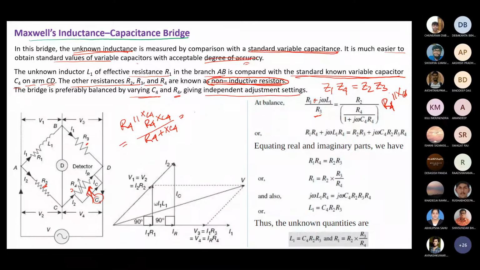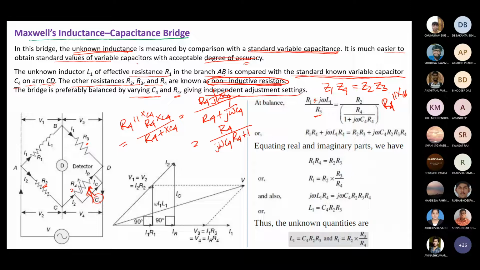So R4 times 1 by j omega C4, divided by R4 plus 1 by j omega C4. You can do the cross multiplication, so the denominator is cut by each other. The upper side R4 will be there, and the denominator is j omega C4 R4 plus 1.